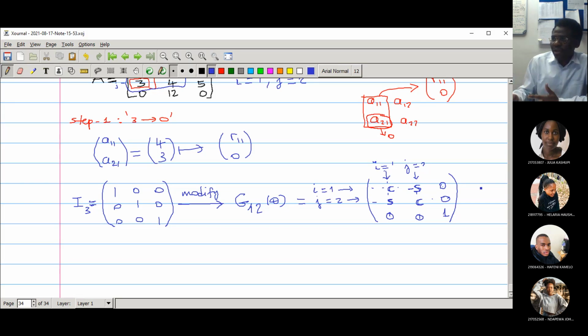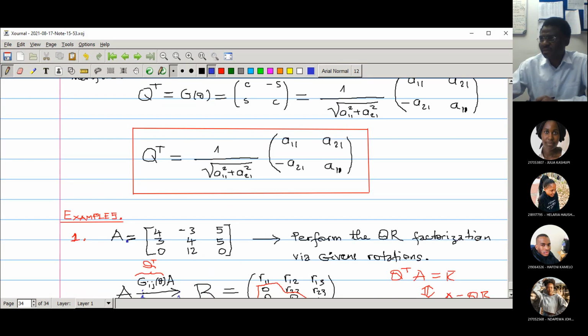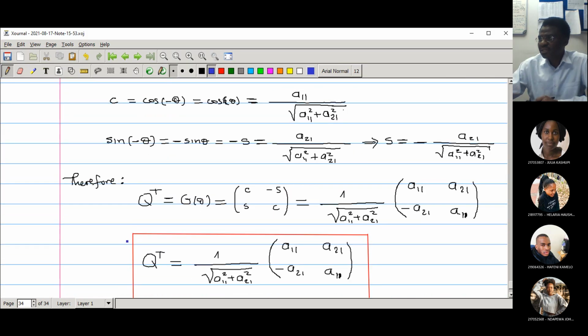Now we know the formula for our C. We know already the value of C. C and S are given by this.